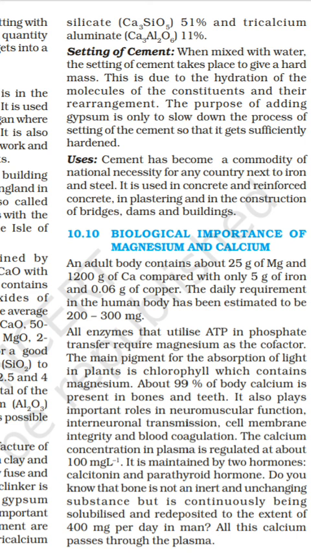Cement has become a commodity of national necessity for any country. Next to iron and steel, it is used in concrete and reinforced concrete, in plastering, and in the construction of bridges, dams and buildings. And the next topic is biological importance of magnesium and calcium.